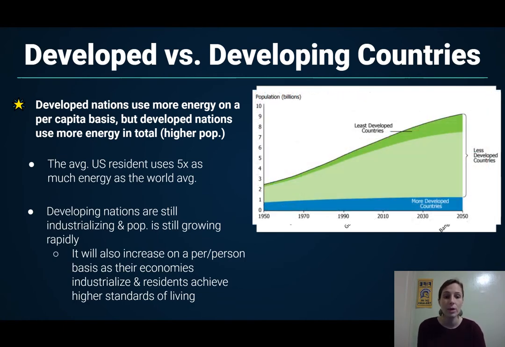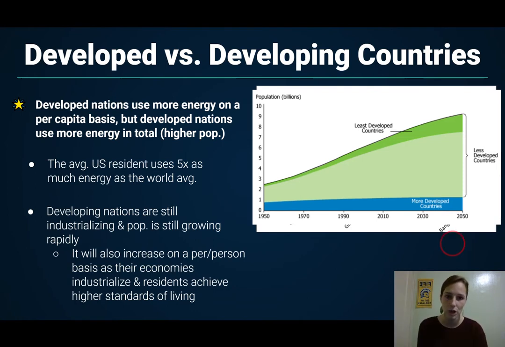And then if we look at the population of these countries, we're looking at the less developed countries up here in the green. Not only are they going to be using more energy per capita, they also are going to have more people.